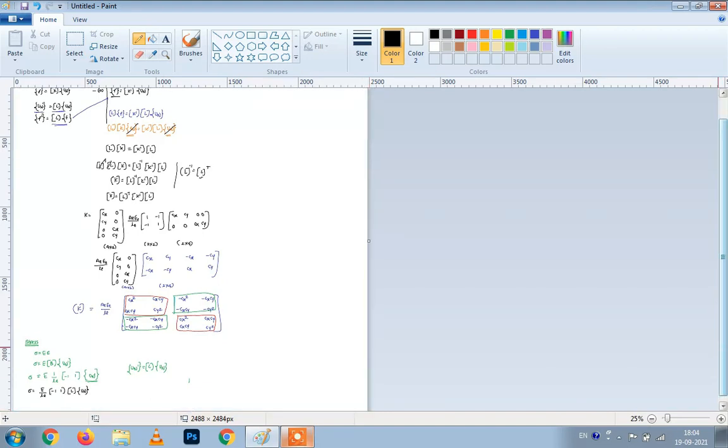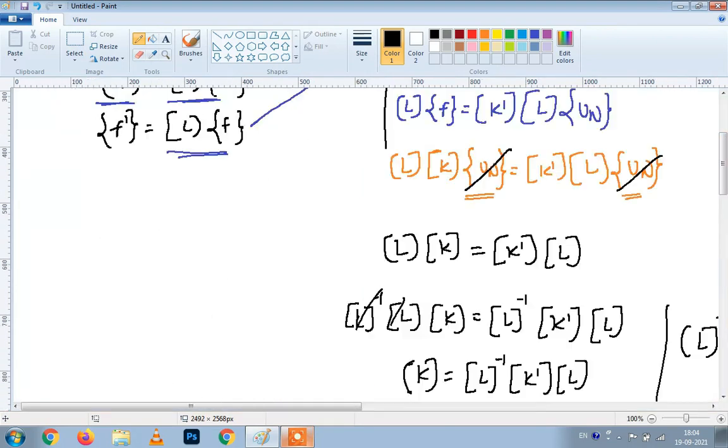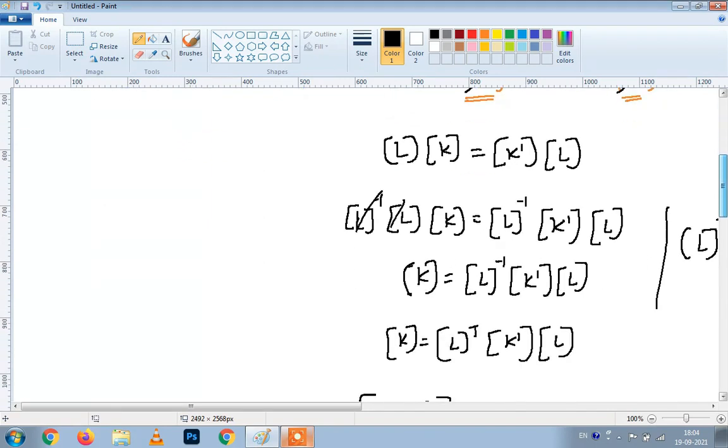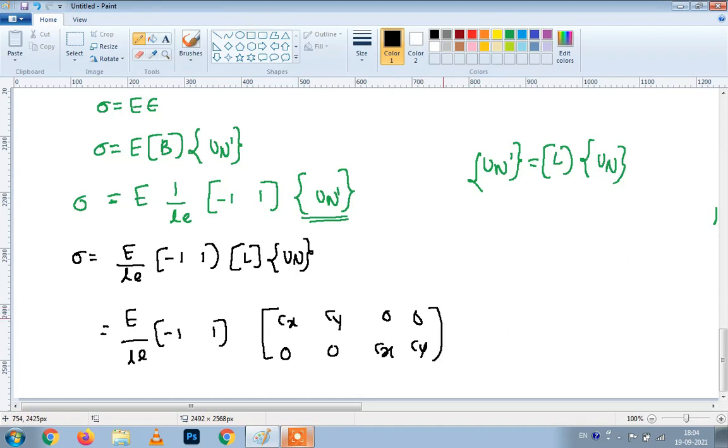Now it is okay. So we know the formula for L. Now simply we will put this formula of L here, which is Cx Cy 0 0, 0 0 Cx Cy, into un as it is.